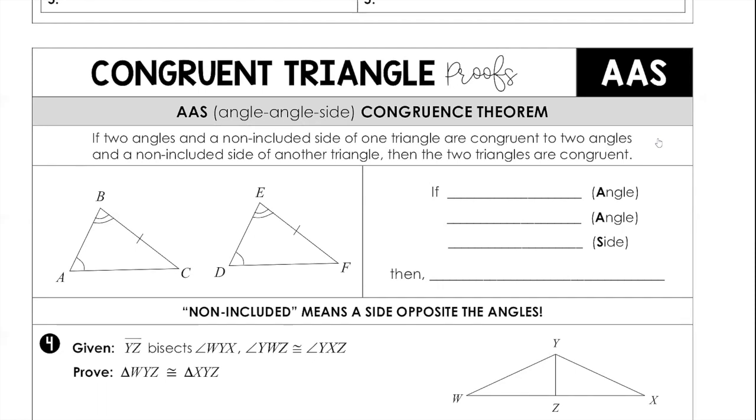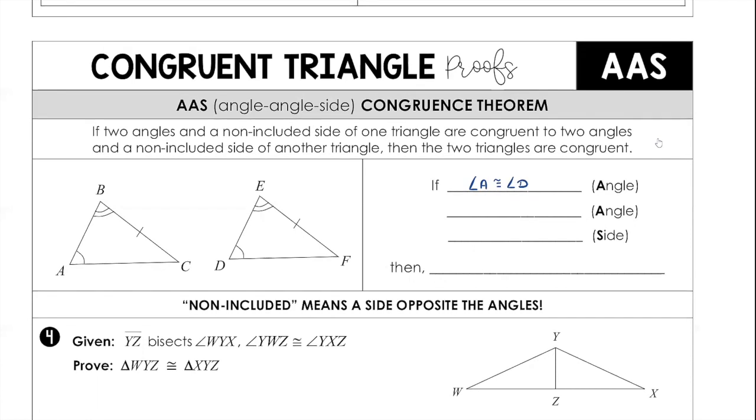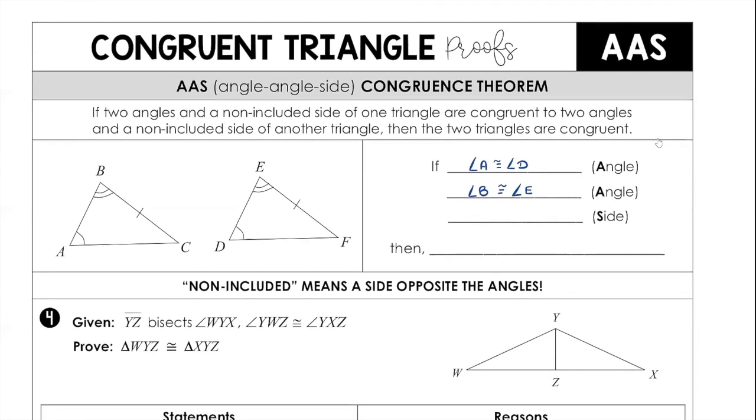All right, here we go. So if A is congruent to D, and angle B is congruent to angle E, and then our side that's congruent is now BC is congruent to EF.